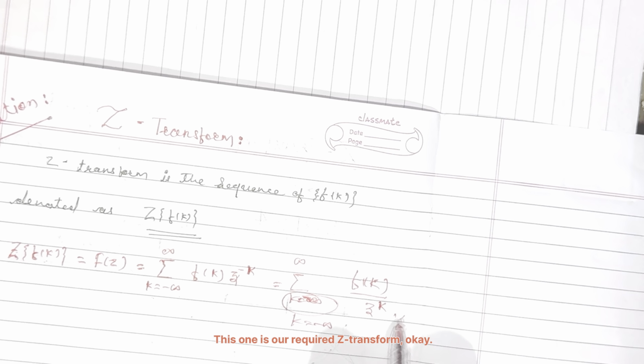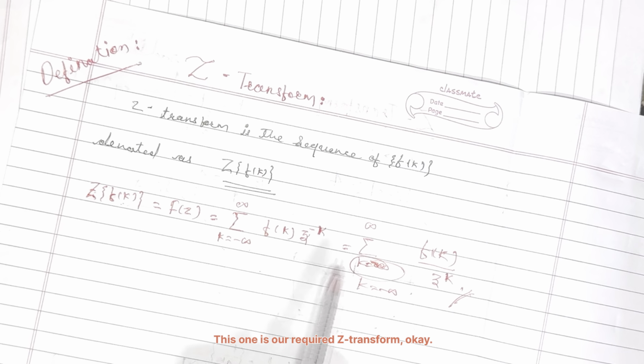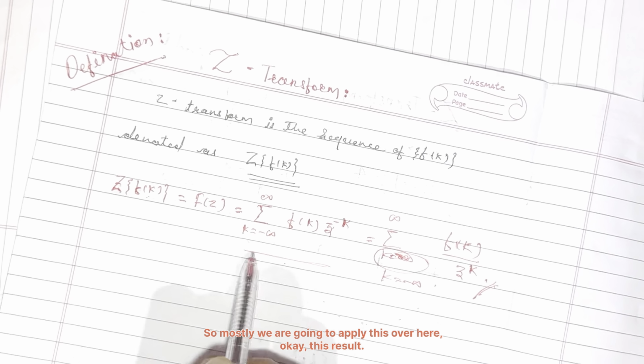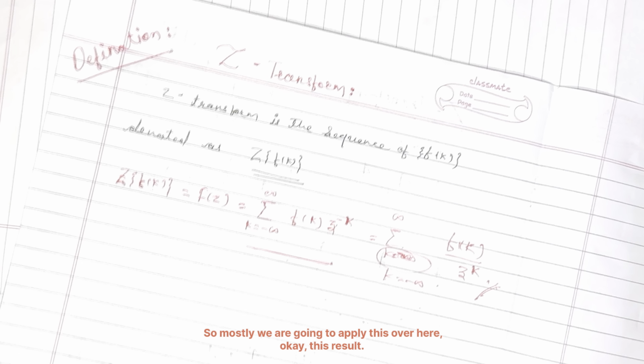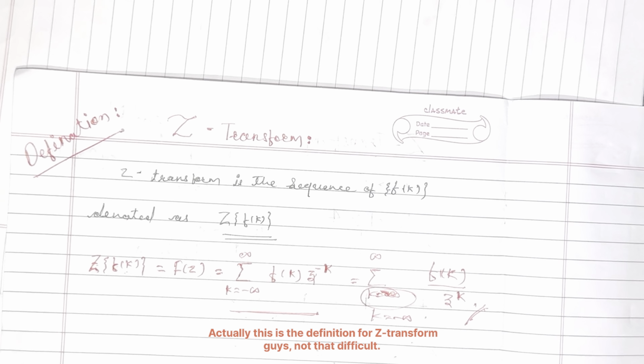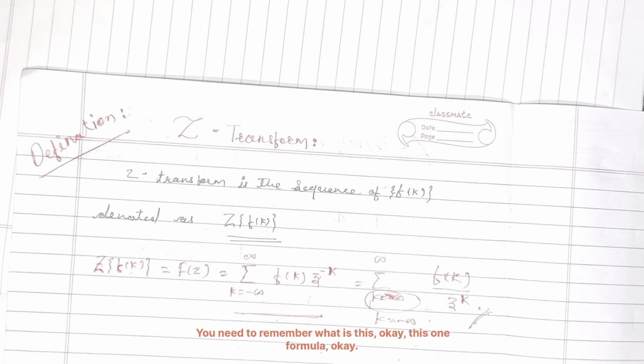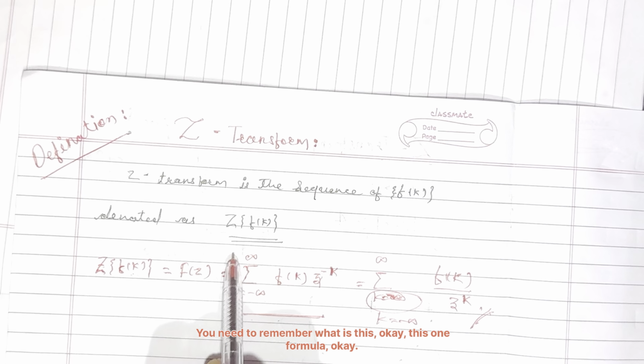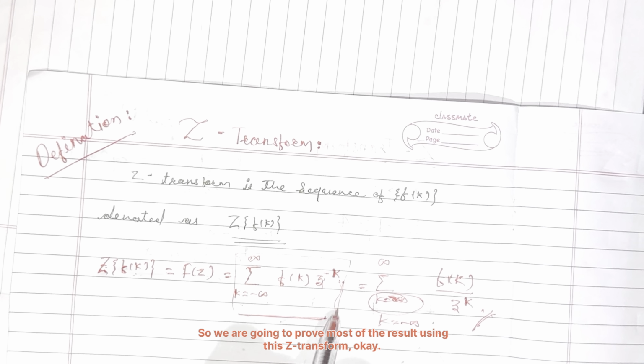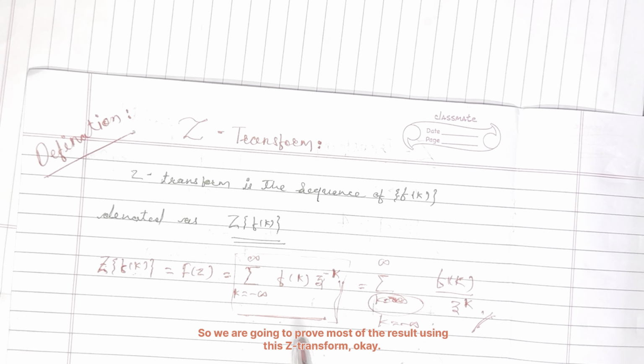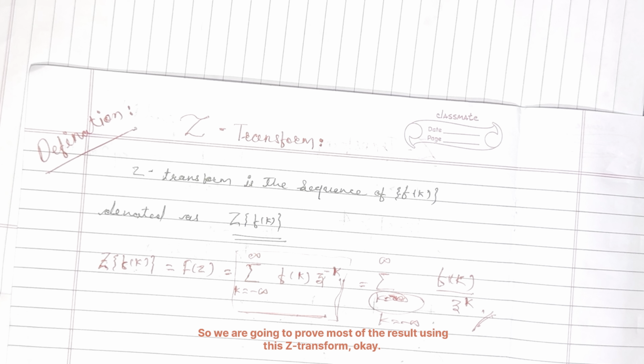This is our required Z transform. Mostly we are going to apply this. This is the definition of the Z transform, guys, not difficult. You need to remember this formula, because we are going to prove most of the results using this Z transform.